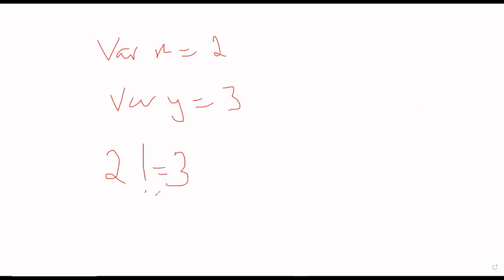So now, if you have a variable x, which is 2, and another variable y, which is 3, and you say 2 is not equal to 3, this will return true because 2 is not actually equal to 3.